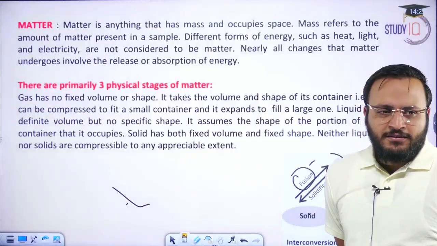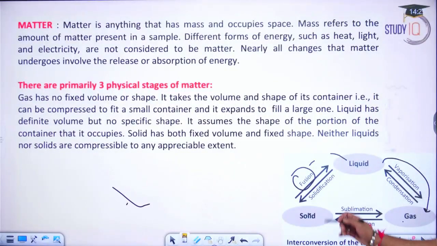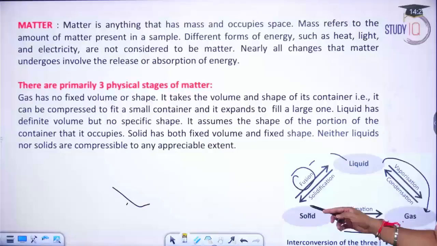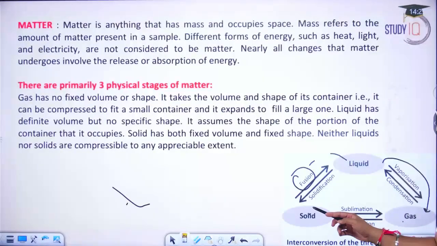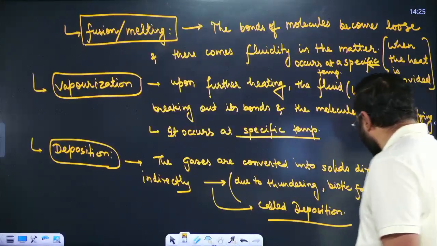Now guys, apart from that, you have three more terminologies here. That is liquid to solid, solid to gas, and gas to liquid. The reverse of this cycle actually gives you three more terms. What are those three terms?